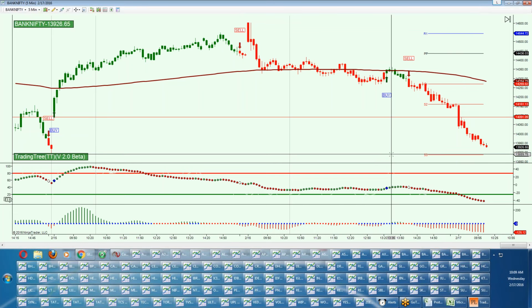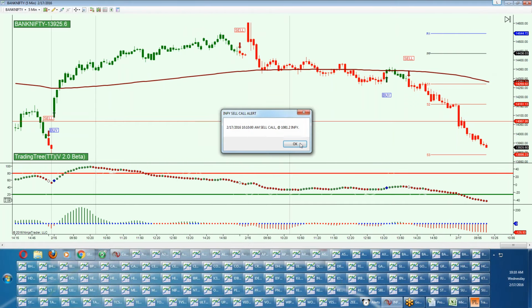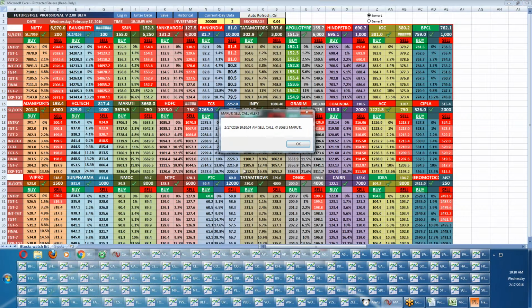So we're talking about a 13,900 possibility in Bank Nifty. Seems like it's heading towards that direction. So Infy we have a sell, and same thing with Maruti.